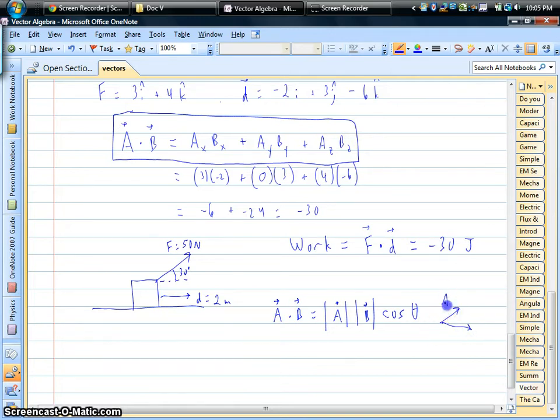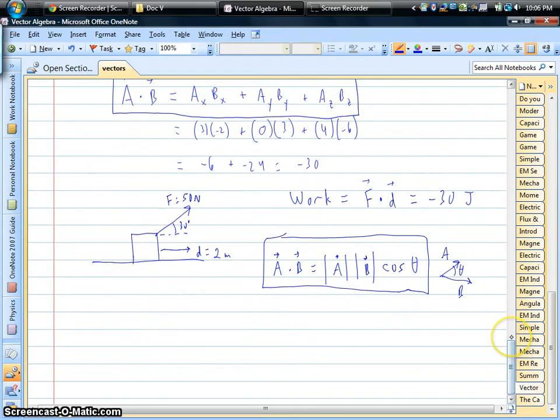So again, if you had a vector A and a vector B, and there's some angle between the two, this is the version that we use more often than not. This is the version that we could use in a problem like this, where we're saying the work is the dot product of force and displacement. Well, the magnitude of our force is the 50 newtons. The magnitude of displacement is 2 meters. And there's a 30-degree angle between the two.